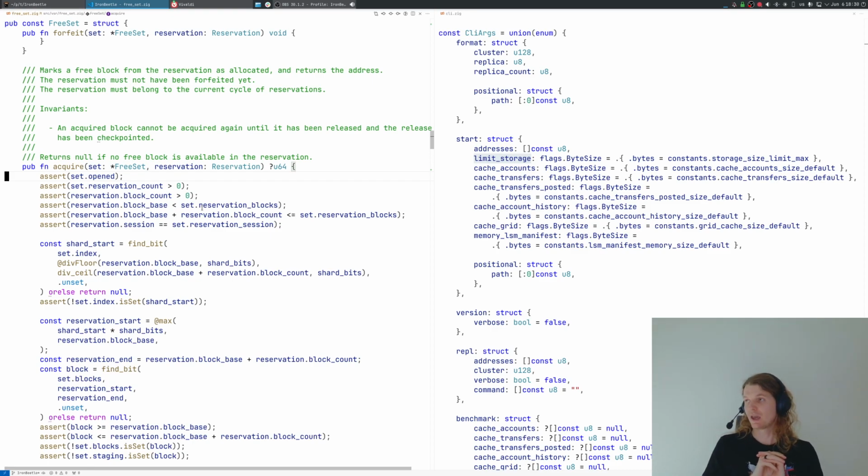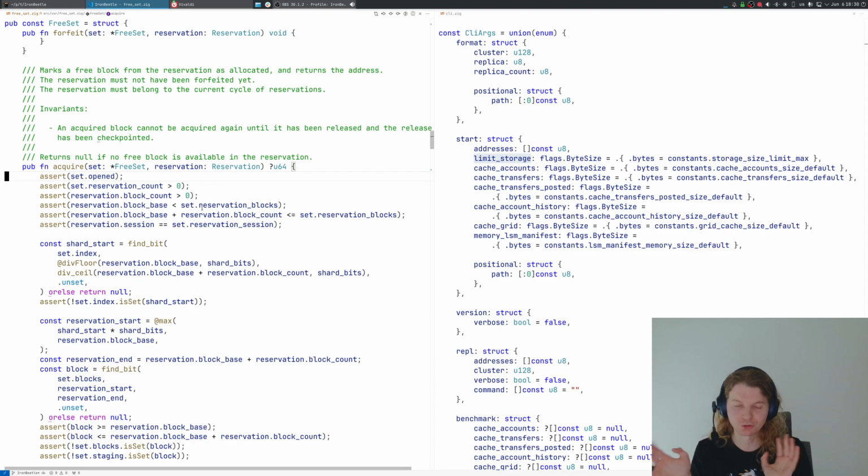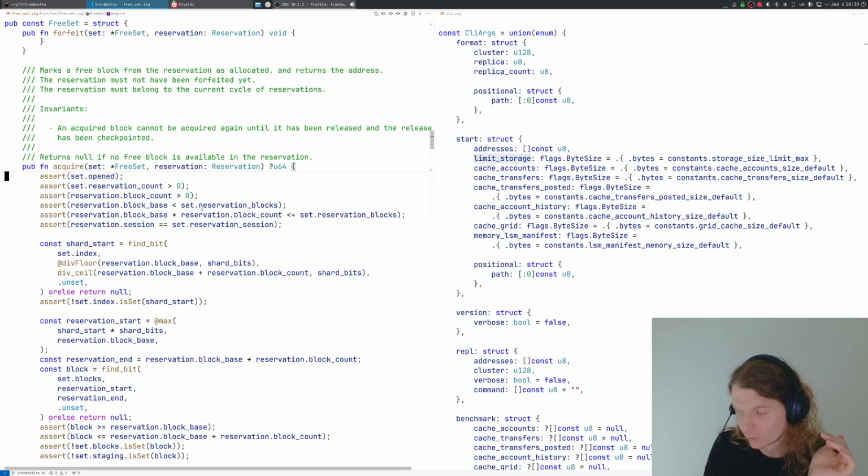Imagine that inside your database, as we talked about, we have different trees. Different trees might want to allocate independent blocks, and we actually want this allocation for trees to proceed in parallel.